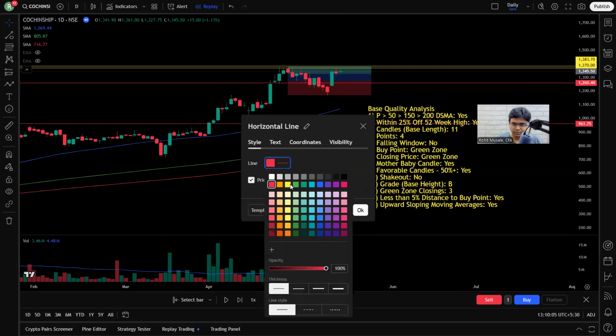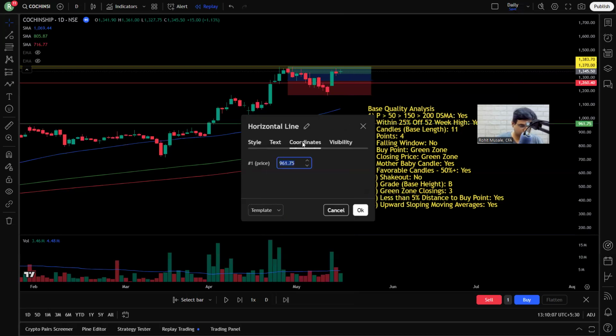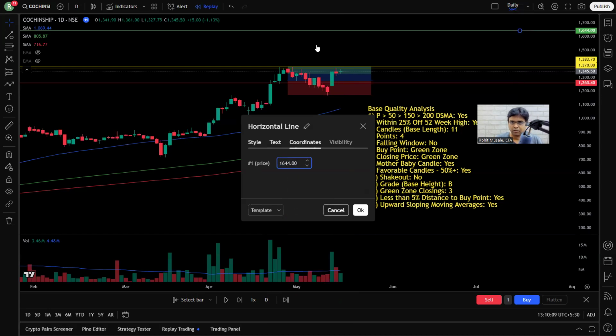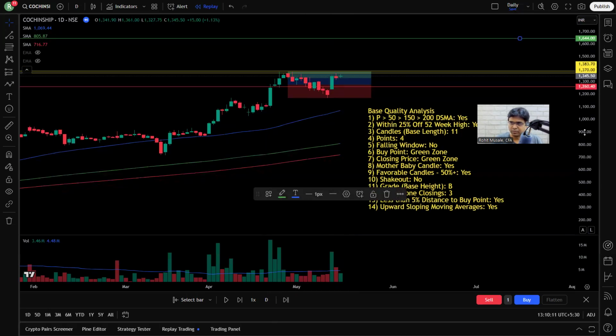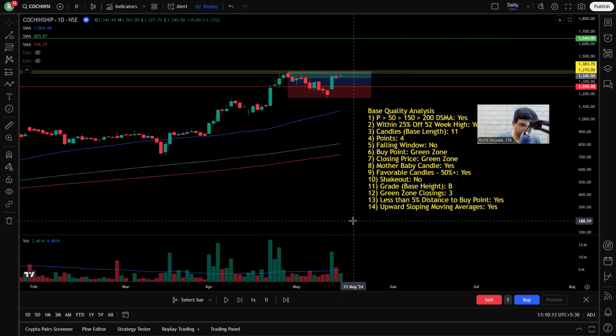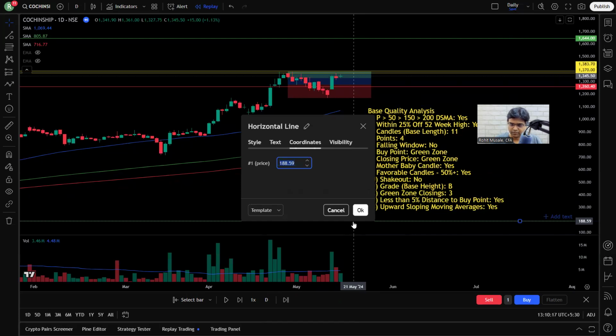It's exact 1644. Okay, no decimals. So that's the first target, 20% above the first yellow line. Then second target would be 1370 multiplied by 1.25, 1712.50.